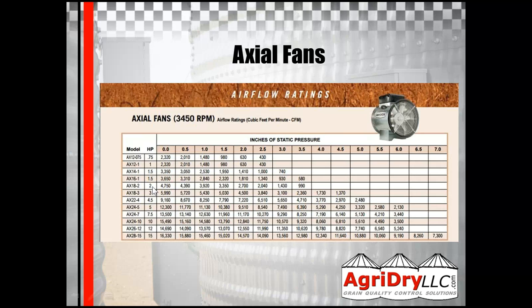But if you have a 2 horsepower Brock axial fan, once you get to 4 inches of static pressure, that fan has pretty much stopped airflow whatsoever. There's so much static pressure there that it can't push any more air. All that air that you think you're pushing in is actually being dissipated right back out the fan. So that's why it's critical and crucial to monitor that static pressure, okay?